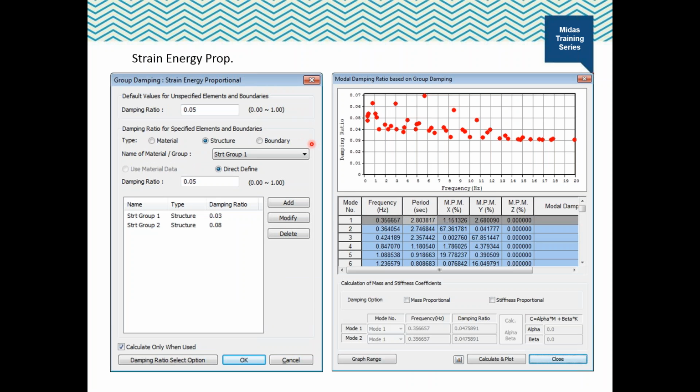If you select strain energy proportional method, the damping ratios for each mode are determined by the program based on the strain energy of each mode. This is useful in case when two or more different materials are used together in a structure.